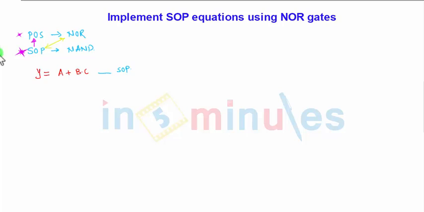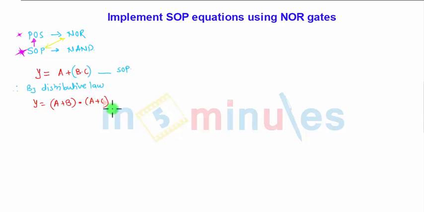By distributive law, y is equal to a plus bc, which becomes a plus b into a plus c. Hence the equation will be (a plus b) and (a plus c).